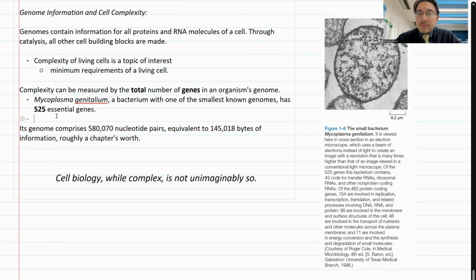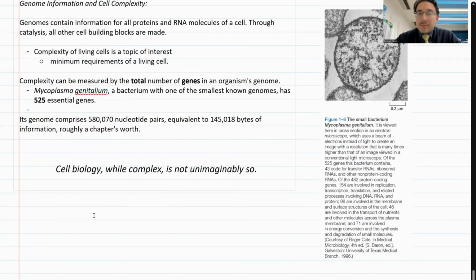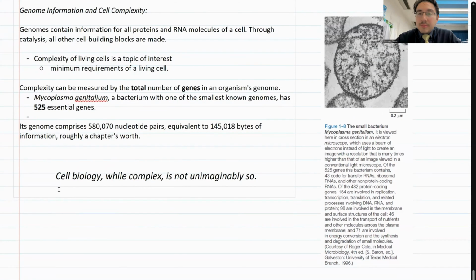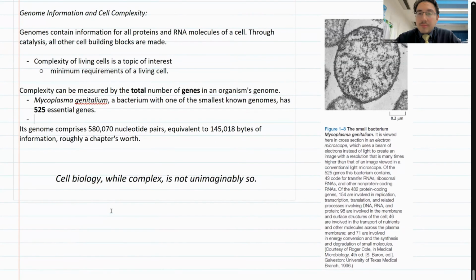But this amount to create an organism, to make this organism thrive, is very interesting, right? So the chapter ends with this little sentence here: cell biology, while complex, is not unimaginably so, right? So that is quite interesting.